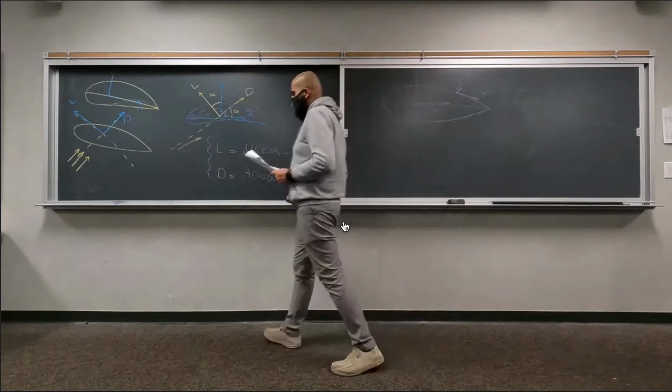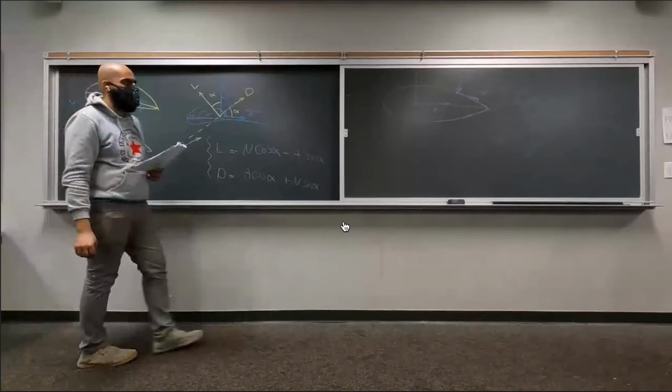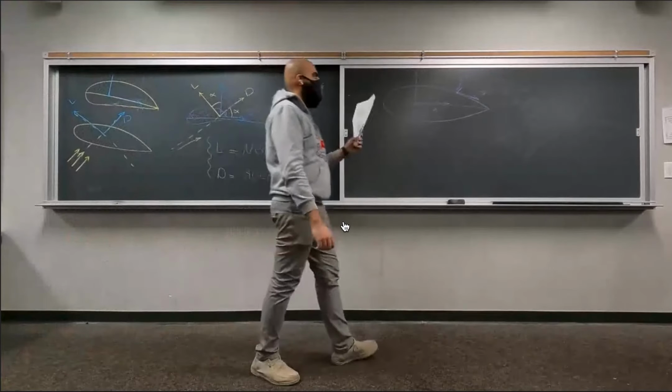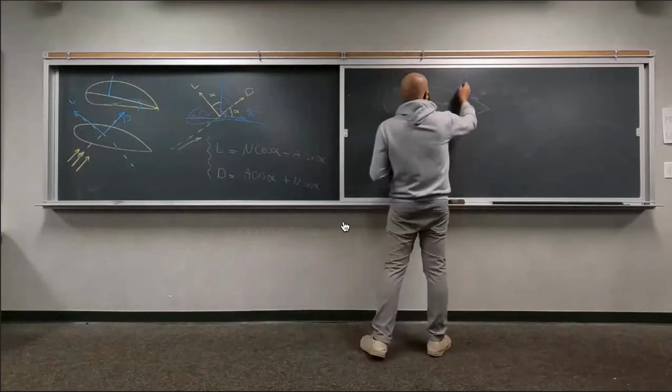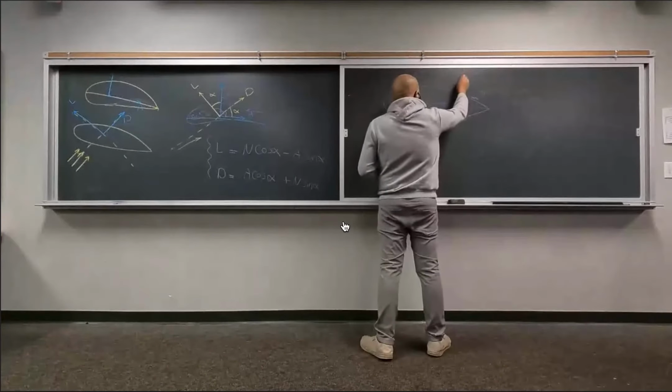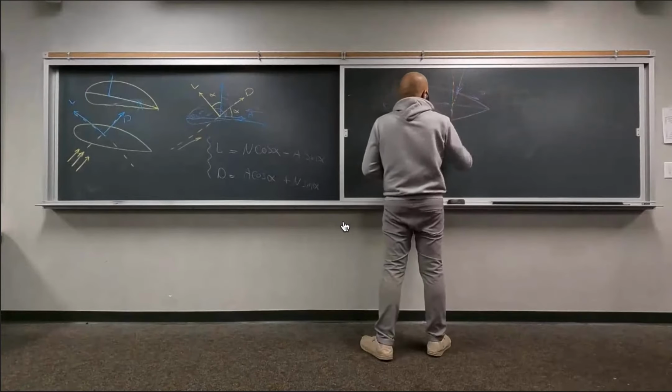We want to find normal and axial force as a function of P and tau. That's the goal here. So the first thing you want to do is to find this angle.